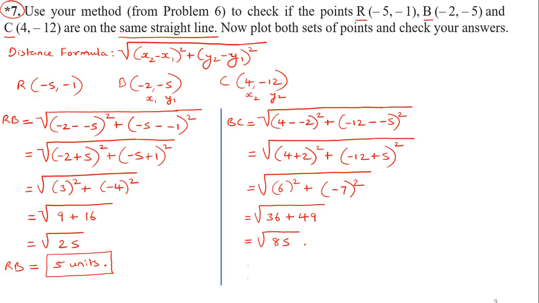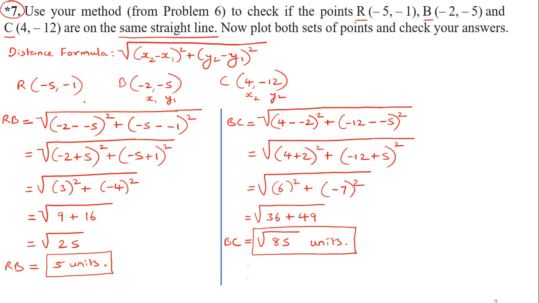And so root 85 units. So BC is root 85 units.